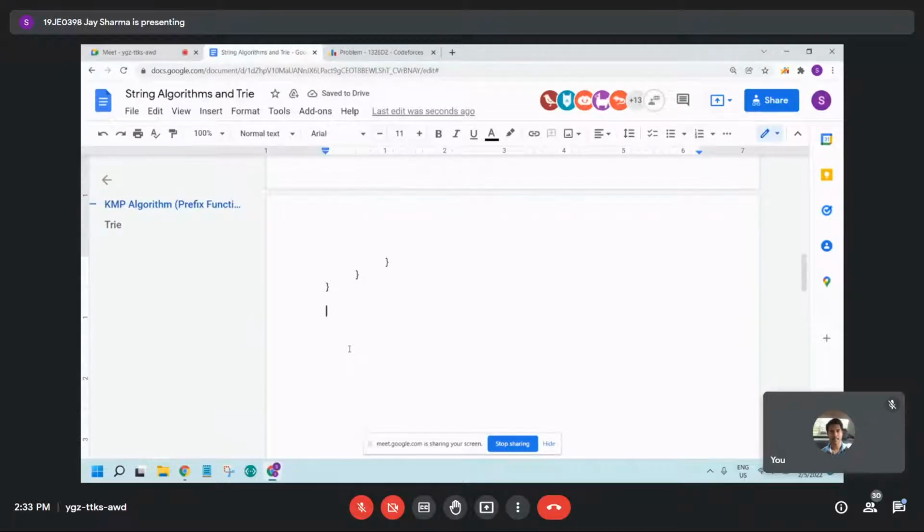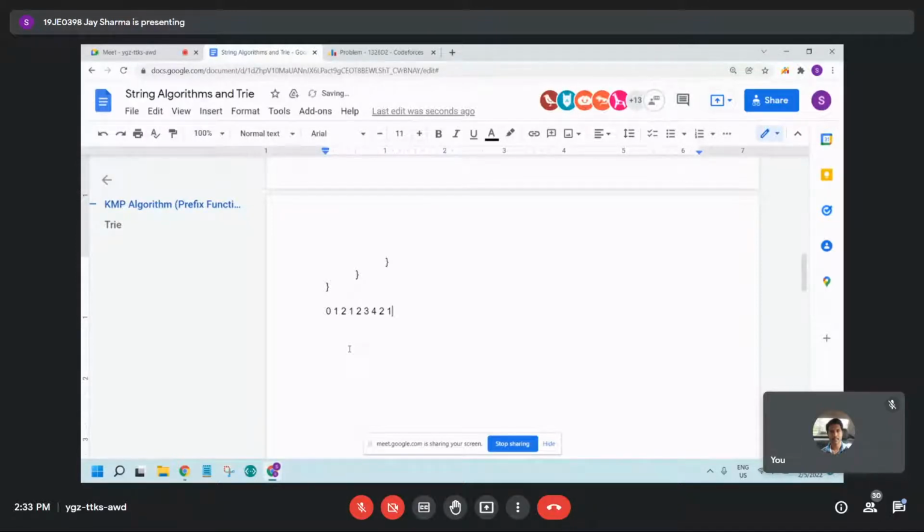So suppose the prefix functions are something like this. Okay, so starting with 0, then you have 1, then you again have 2. First of all, the prefix function is increasing, and then let's say you drop down to 1, then again you can have 2, then you have 3, then 4, then you drop down straight to 2, and then you can have let's say 1.